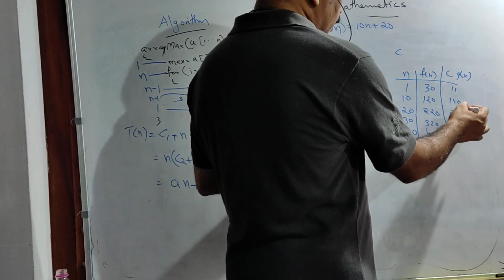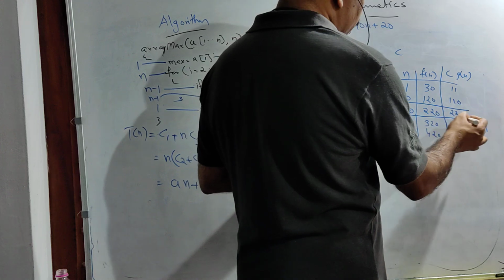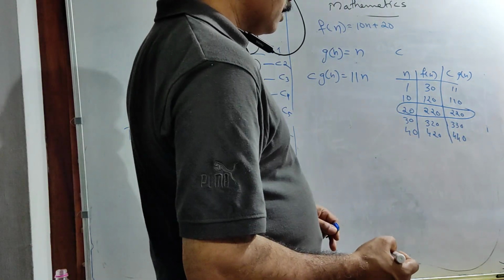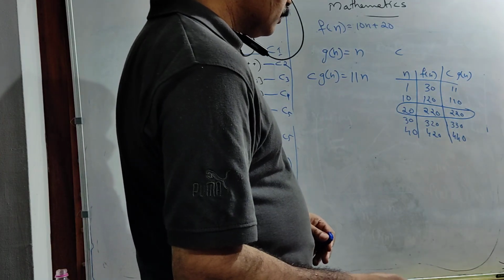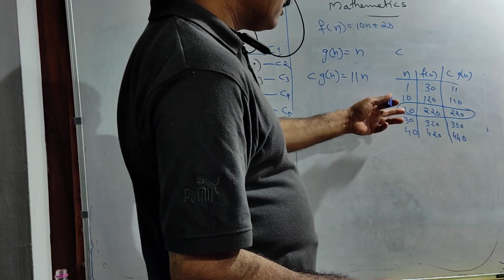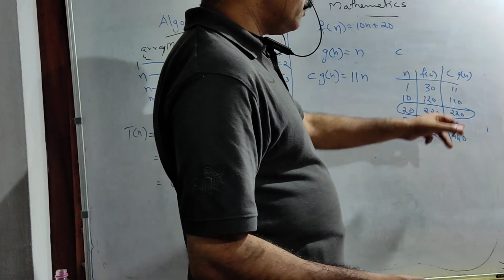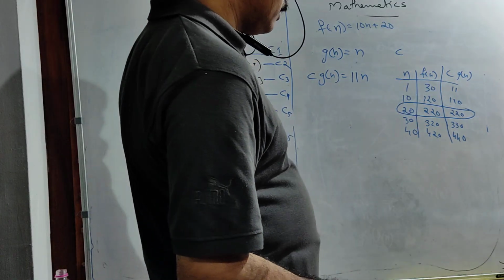Okay, we can see that 11n equals f of n when n equals 20. After that, for any value of n greater than 20, c into g of n is greater than f of n.